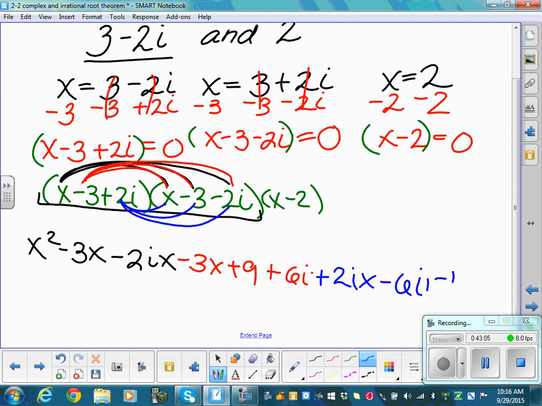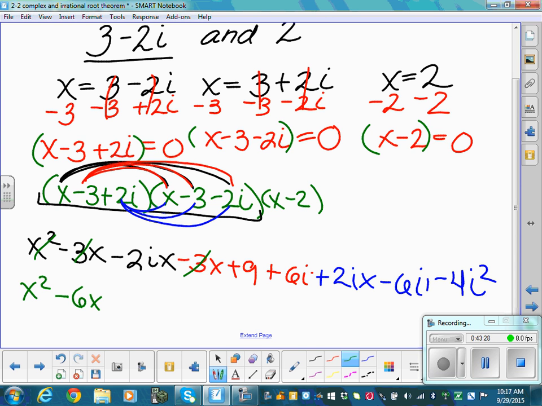Negative 4i squared. Then we'll combine like terms. Now look, so much stuff cancels out. Okay, so not to fret, a lot cancels out. We have an x squared, any other x squareds? We have x squared. Look, negative 3x minus 3x doesn't cancel out. That becomes negative 6x, right?